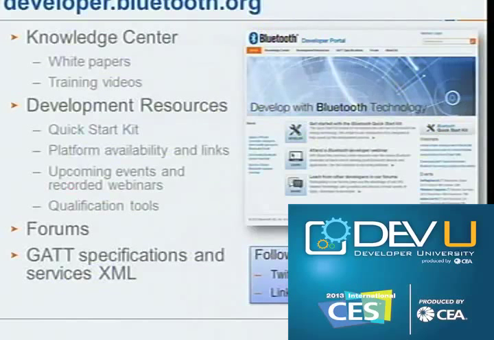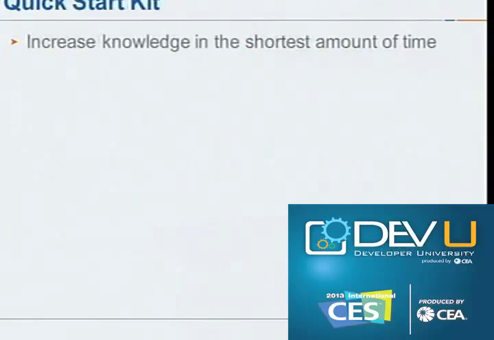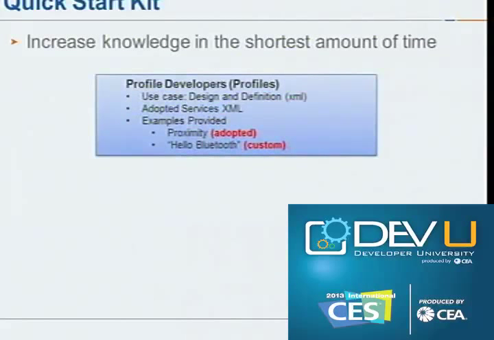So when you go to developer.bluetooth.org, the first thing I recommend is you actually pull down the Quick Start Kit, because the Quick Start Kit is the item that is going to increase your knowledge in the shortest amount of time on how to develop a Bluetooth application. And what it provides is, if you're a profile developer, it provides you a use case on how to define and design a profile.